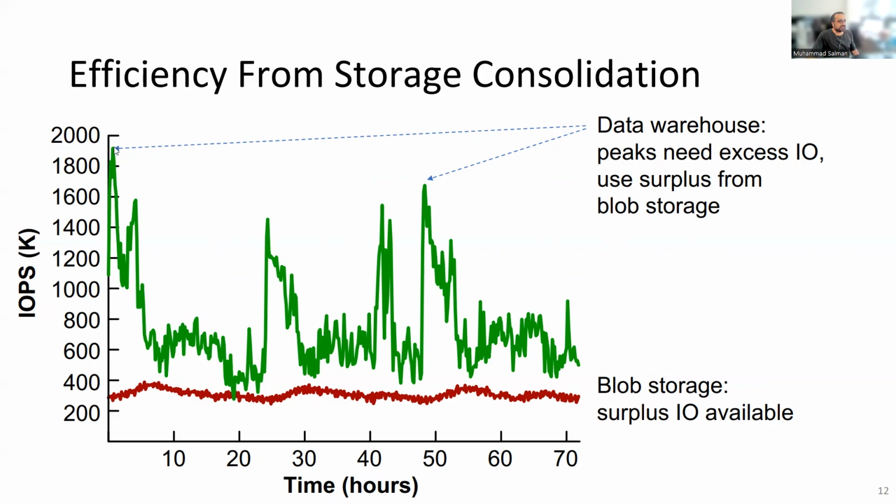When they have high peaks, they require surplus IO. So they can borrow that surplus IO from the blob storage, and it can be effectively serviced. And when they don't need that surplus IO, then they can use their own resources. So the resources that were surplus from the blob storage can be effectively utilized by the data warehouse.